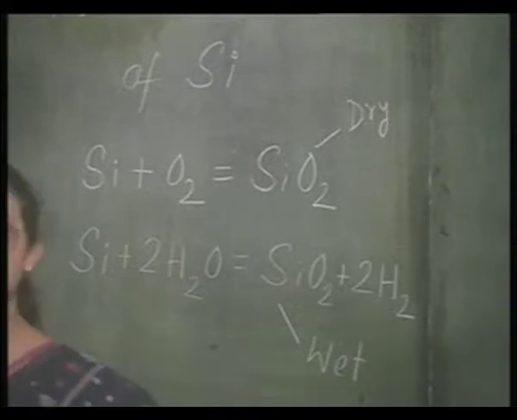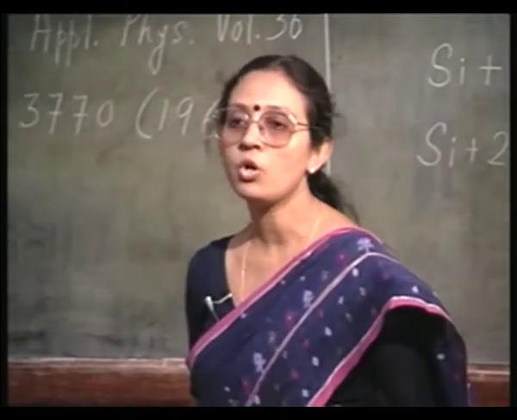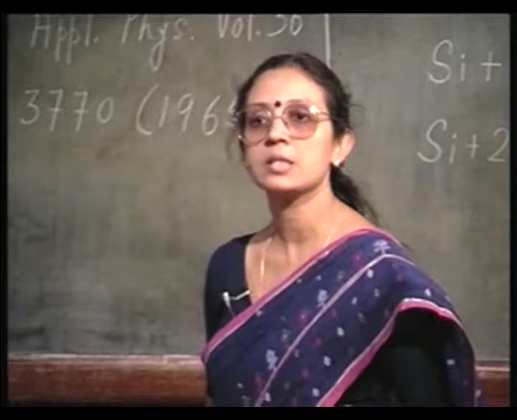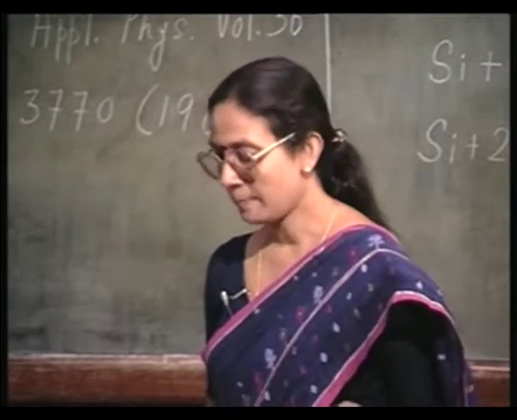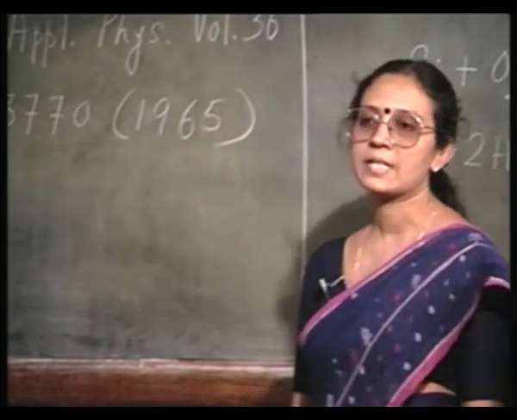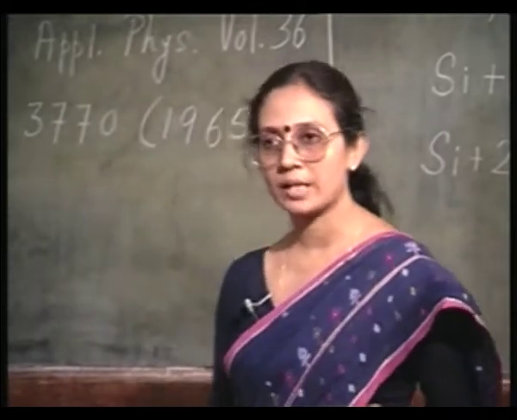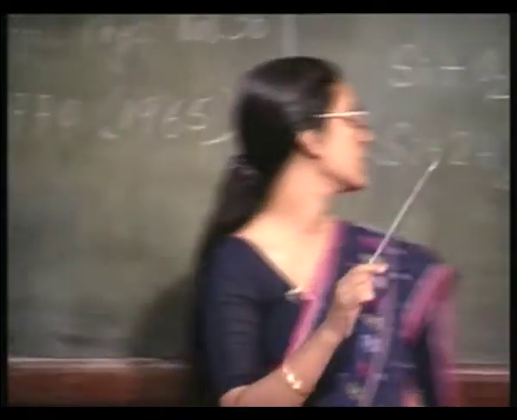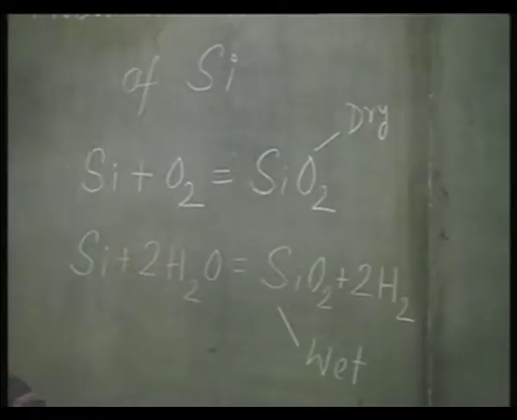First of all, let us focus our attention on what is happening when the thermal oxidation of silicon is taking place. First of all, let me tell you that it has been established by using radioactive tracers that the oxidizing species, by oxidizing species I mean either oxygen or water vapor as the case may be, that is referred to as the oxidizing species or sometimes as the oxidant, the one which is oxidizing silicon, right.